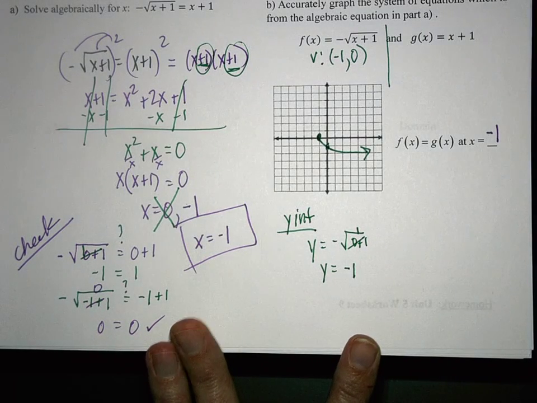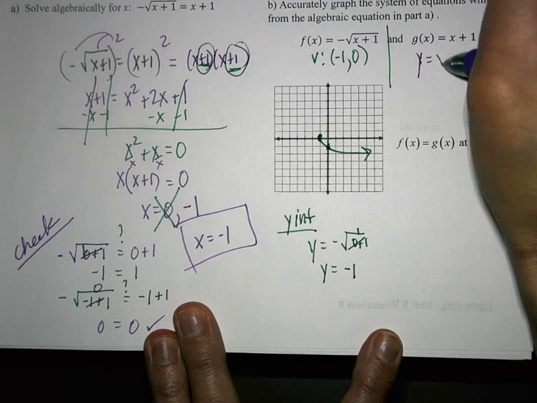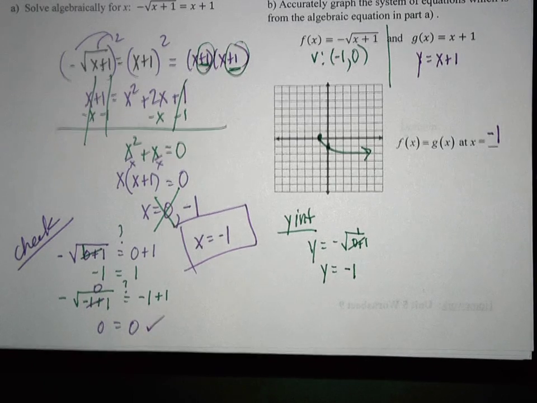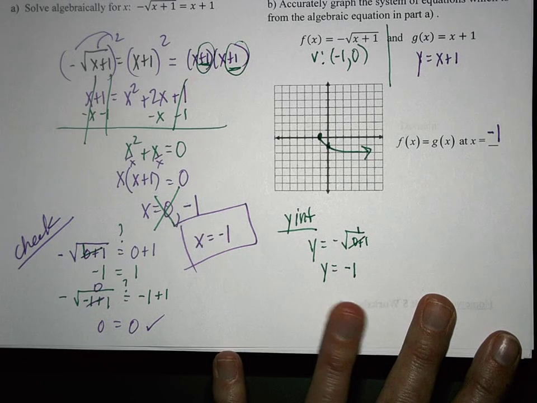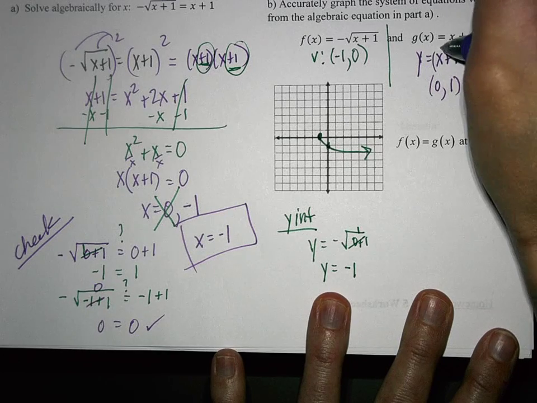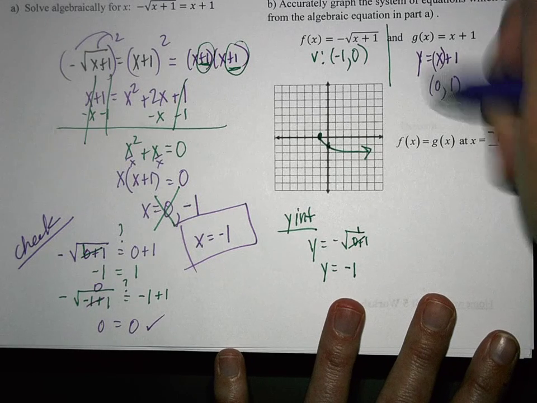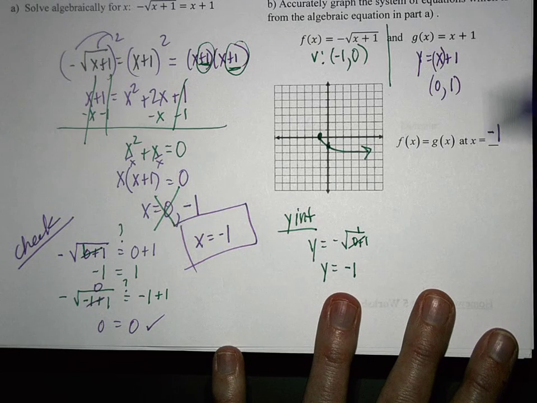Okay. Now, over here, we have y equals x plus 1. What would be my starting point? Nope. 0, 1. Because there's nothing in parentheses with the x, so the x value is 0, and then the number added at the end, that's always your y, so it's 0, 1.